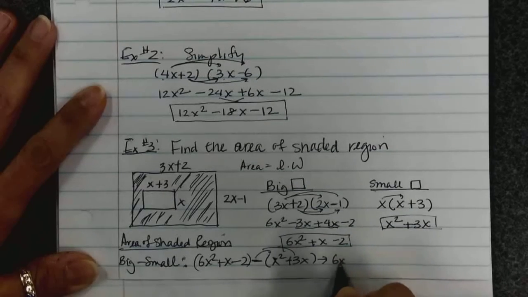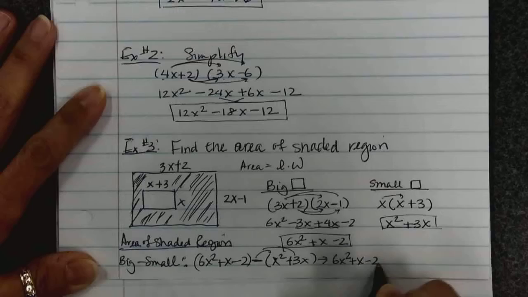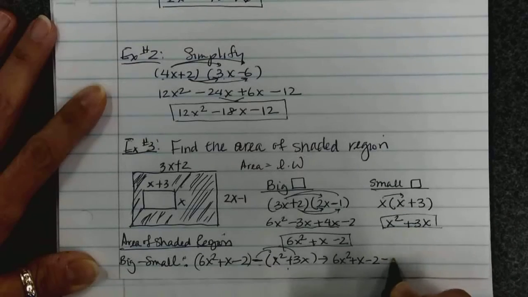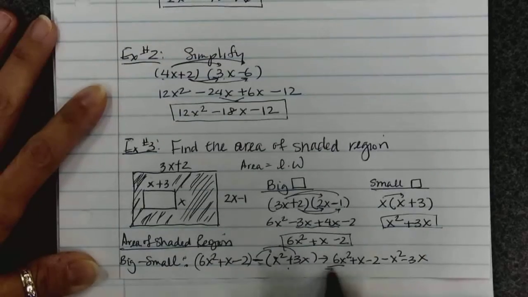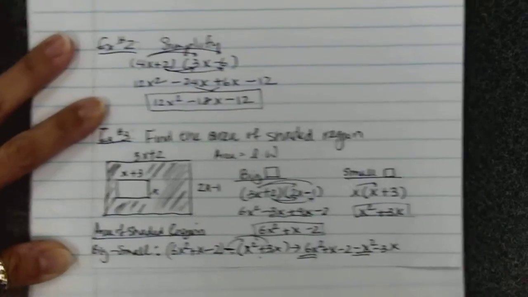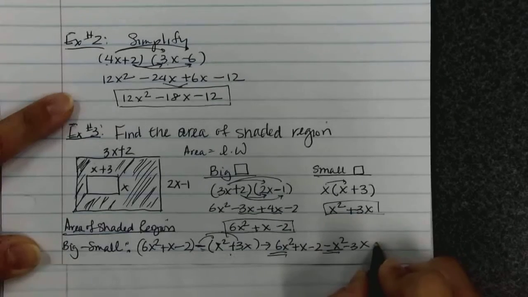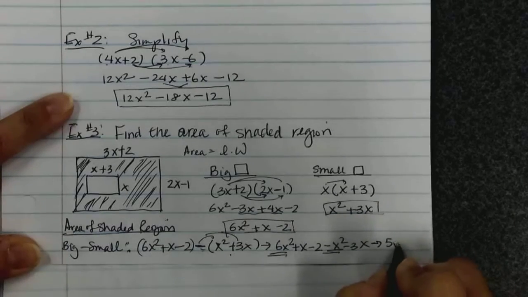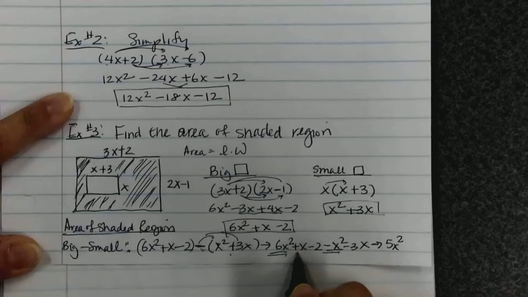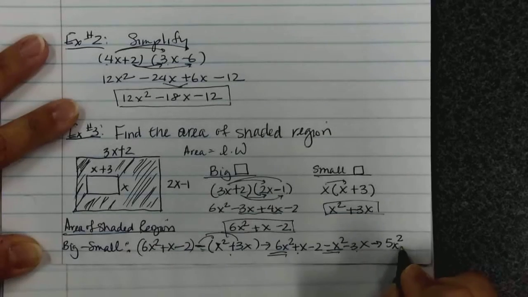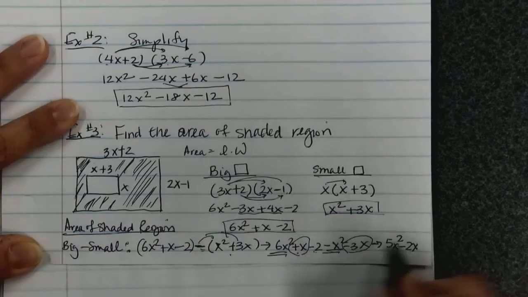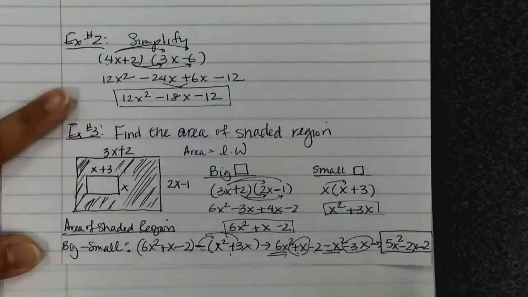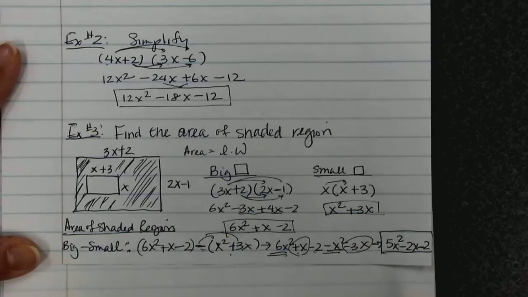So this becomes 6x squared plus x minus 2, and then when we distribute that in, that becomes a negative x squared minus 3x. And if you notice, 6x squared minus x squared, those are my like terms, so this becomes 5x squared, and then I got x and minus 3x makes it a negative 2x minus 2 is what's left, and this right here is the area of the shaded region.